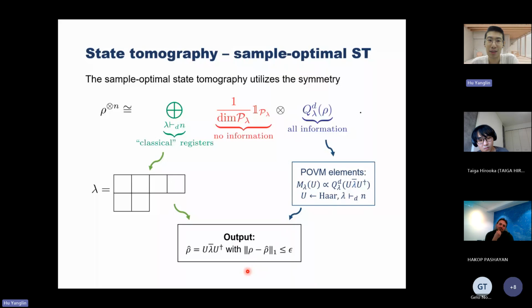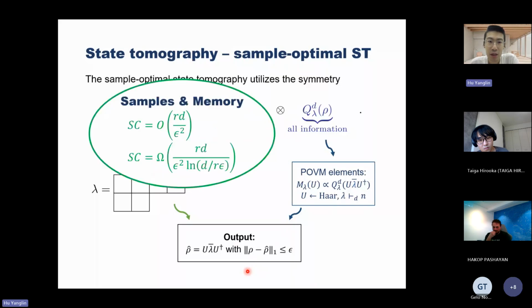Okay, so this is how you do sample-optimal state tomography. The sample complexity is RD over epsilon squared, and the memory complexity is RD over epsilon squared times the ln of D over R epsilon.